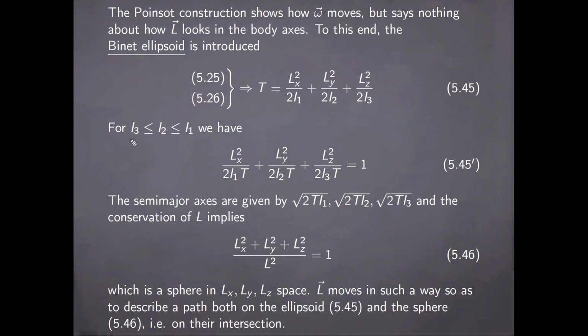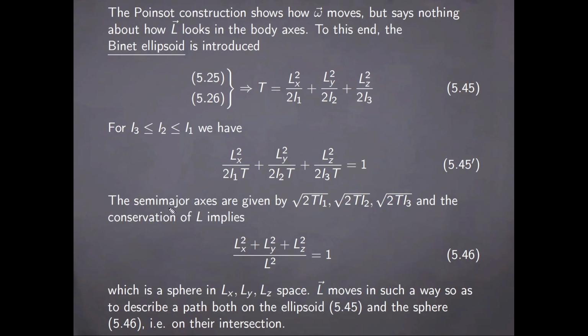Now, for a general asymmetric body where the moments of inertia can be arranged as shown here, we immediately have this equality. So this holds generally regardless of how their values are ordered specifically, but we are going to assume this throughout the discussion here.